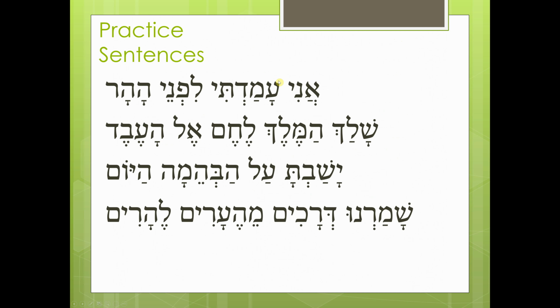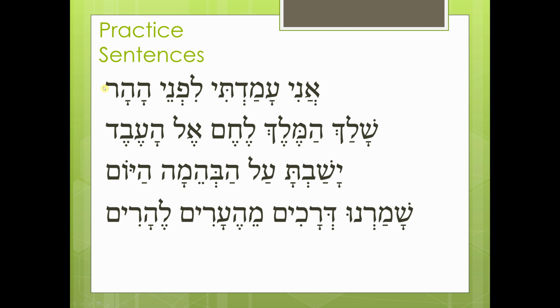Now, this sentence could work with or without this pronoun. This pronoun ani could be there, and you'll notice we'd still know it's I stood, right, because of the T at the end. So the ani is in some ways redundant. I stood. Lifnei means before or in front of. It can also have a temporal kind of sense, like before in terms of time, right? But in this case, it's locational.